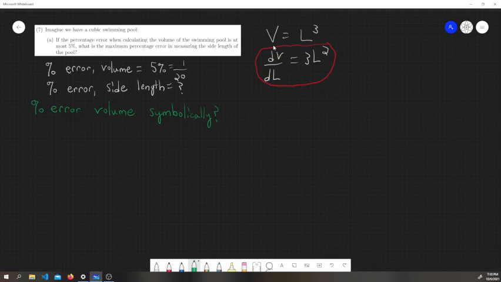What I mean by symbolically is just expressing it in terms of either the derivative or the volume. So some form of the two equations that we're dealing with, and then we can substitute the 1 over 20 in later. The way you can think about percent error is you have a fixed volume and you want to look at how your volume has changed with respect to the actual, or the true, volume.